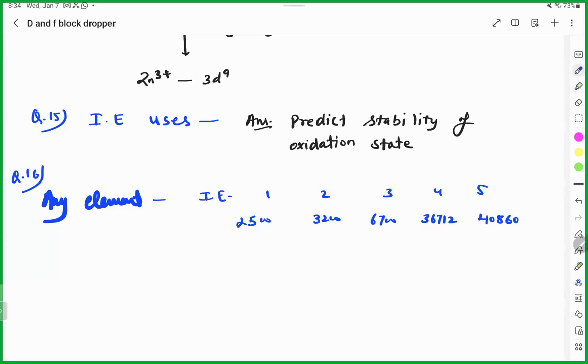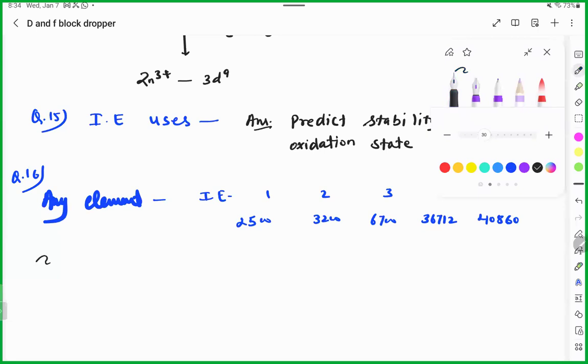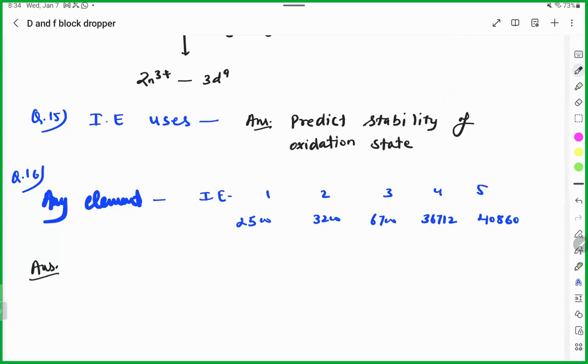So the ionization enthalpy is increasing. Okay, what else? See, look at the difference here. Usually, what you will see is that ionization enthalpy is increasing.